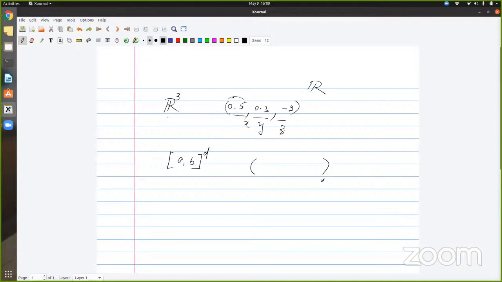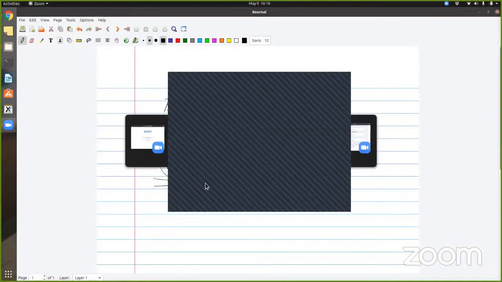That was given by this R. Each of these values could belong to the real space. Now this R is replaced by the closed interval [A, B], which means A and B are included, and any value between A and B. This should be any value between A and B, and there should be D such values. This is how we interpret this particular term.